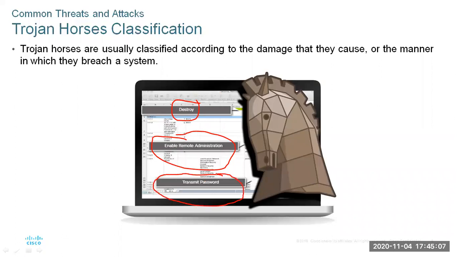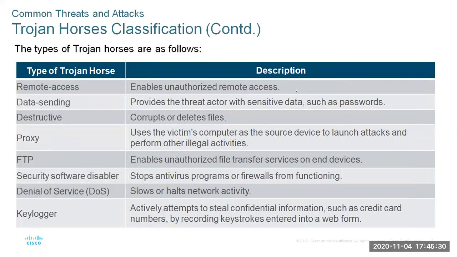Okay, so the threat actor that actually designed this Trojan horse has his or her goal or aim. If it is to destroy a network or a server or a machine or something like that, or maybe to create a remote access or transmit passwords. So there are different types of Trojan horses.